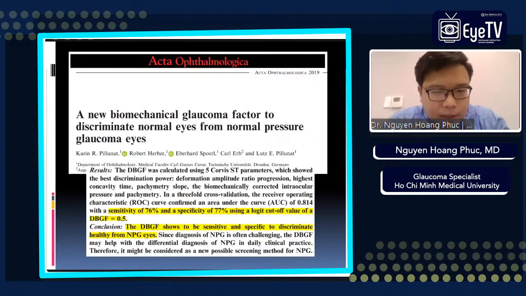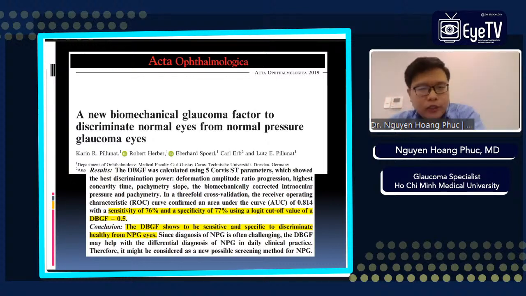Dr. Karin Pilunas used these parameters to diagnose patients with normal tension glaucoma, and he saw that BGF has sensitivity and specificity to discriminate healthy eyes from normal tension glaucoma, with 76% sensitivity and 77% specificity, with a cutoff value of 0.5.